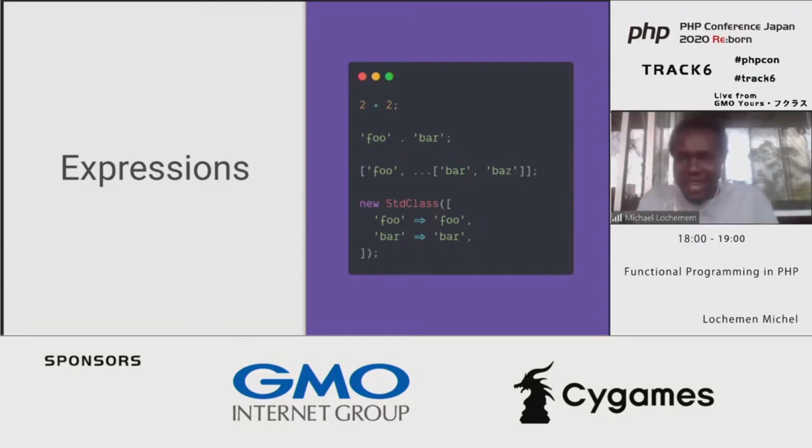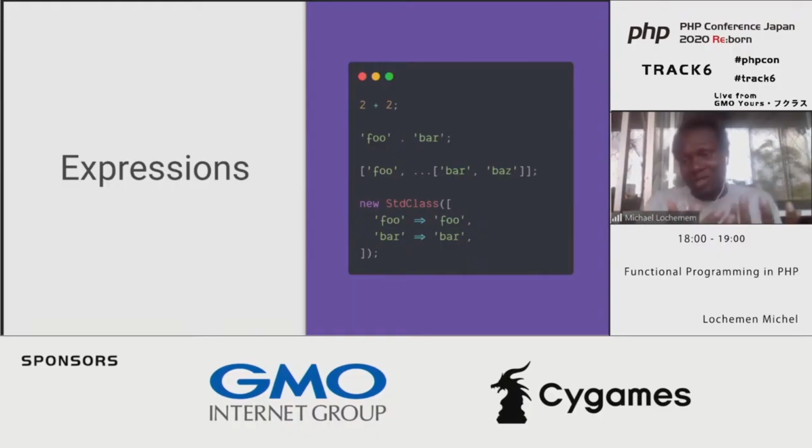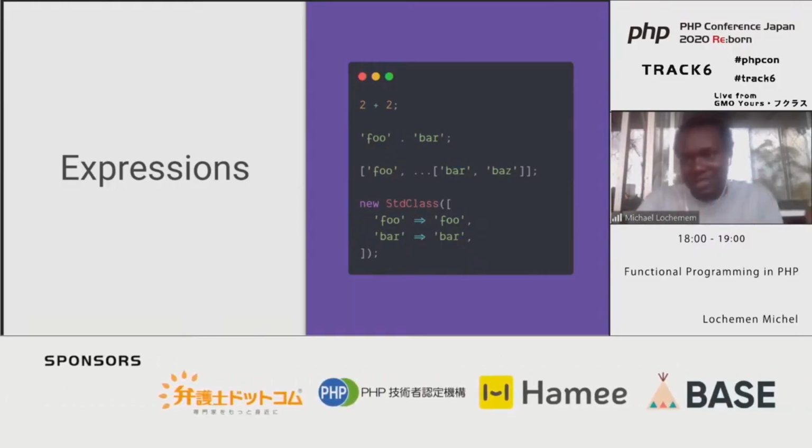When you're unpacking arrays, and this is new in PHP 7.4 and up, you're effectively creating a much bigger list with a dimensionality of 1, but essentially that is an expression that allows you to create said list, right? Object instantiation, that's another expression. So these things are really commonplace in programming. So expressions are very, very important.